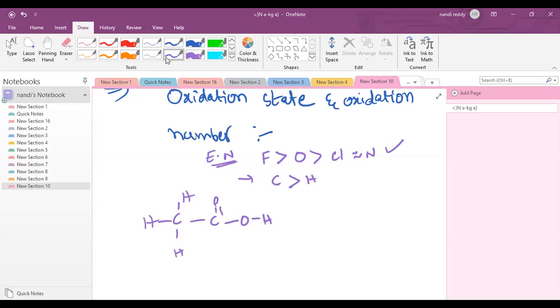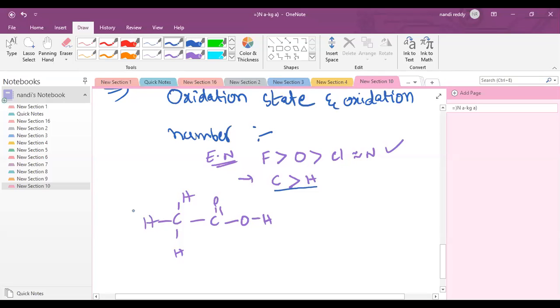Now we are going to calculate the oxidation state and oxidation number. Which is more electronegative here? Carbon. You need to calculate the oxidation number or oxidation state for every bond, sir. Every bond you have to calculate. Carbon has how many bonds? I need to calculate 4 bonds' oxidation state.